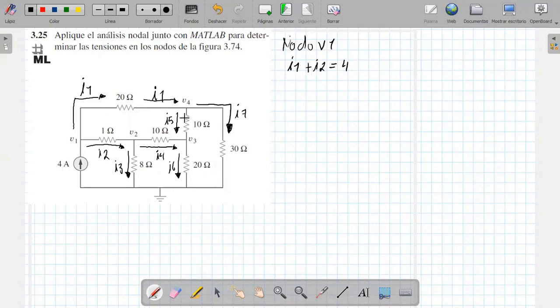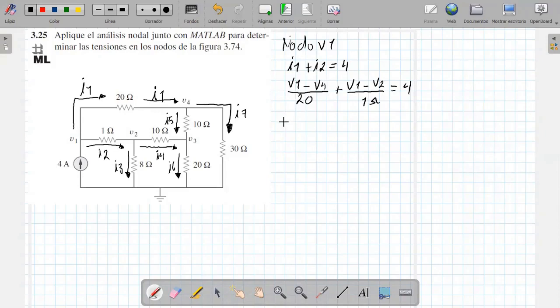So the current I1 is going to be equal to V1 minus V4 over 20 ohms, and the current I2 that comes from here would be V1 minus V2 over 1, equal to 4 amperes.